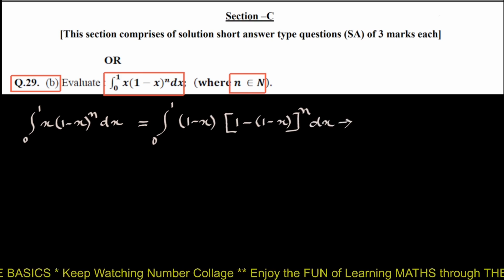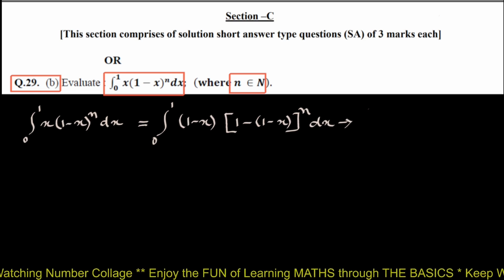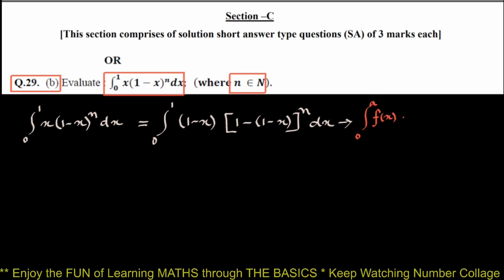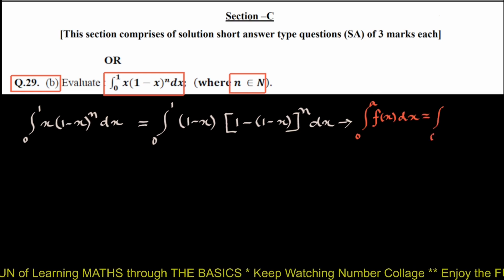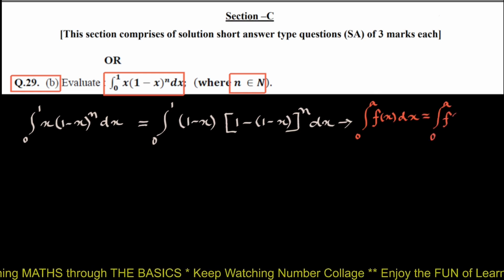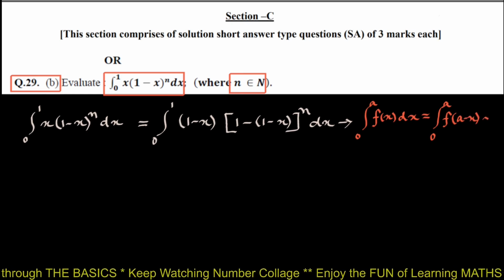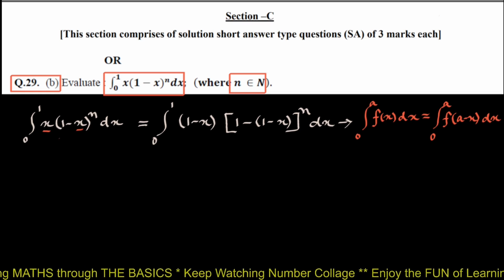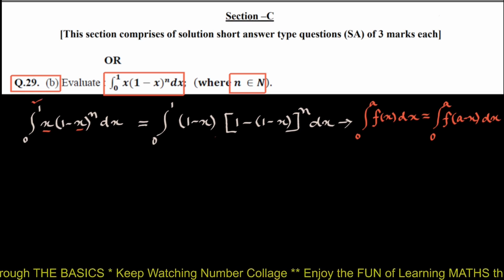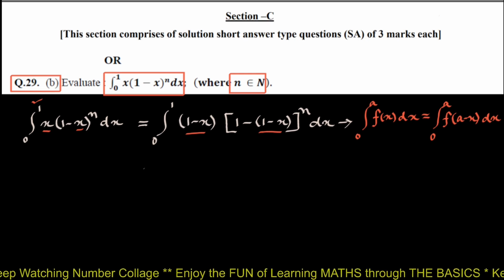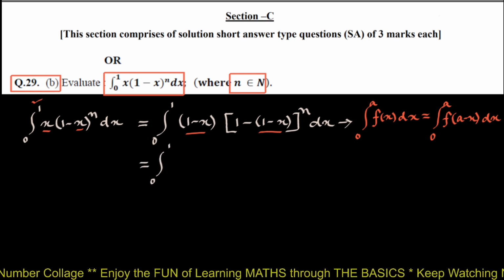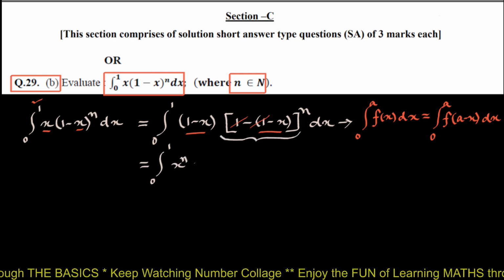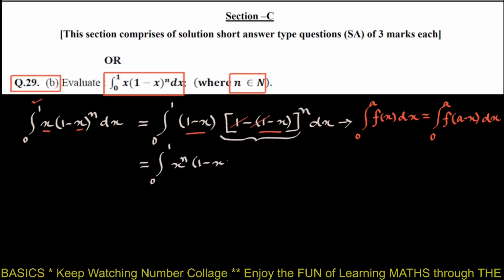Here we have applied the rule of definite integral: integral from 0 to a of f(x) dx is equal to integral from 0 to a of f(a minus x) dx, which means we have to replace each of these x by 1 minus x, just like here, so that this integral will become, from 0 to 1, minus 1 is 0, and this will be x raised to n into (1 minus x) dx.